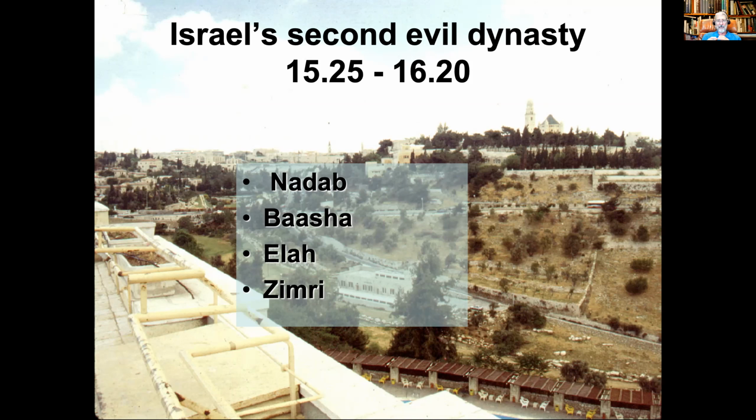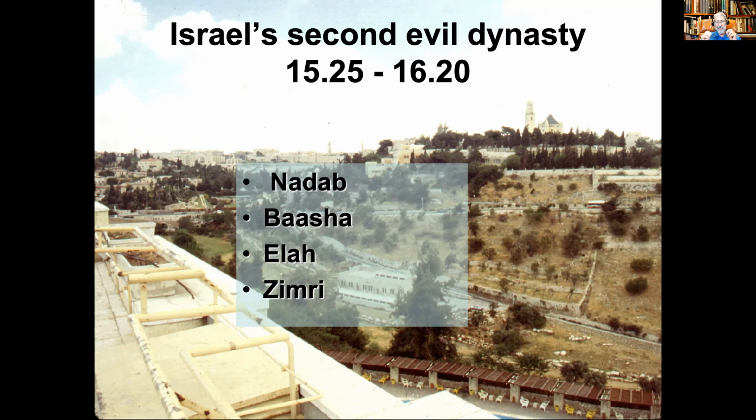He brought Israel from relative obscurity to a position of economic and military power. He fortified cities up and down the King's Highway. He extended the military and economic control of Israel as far as the Euphrates River.